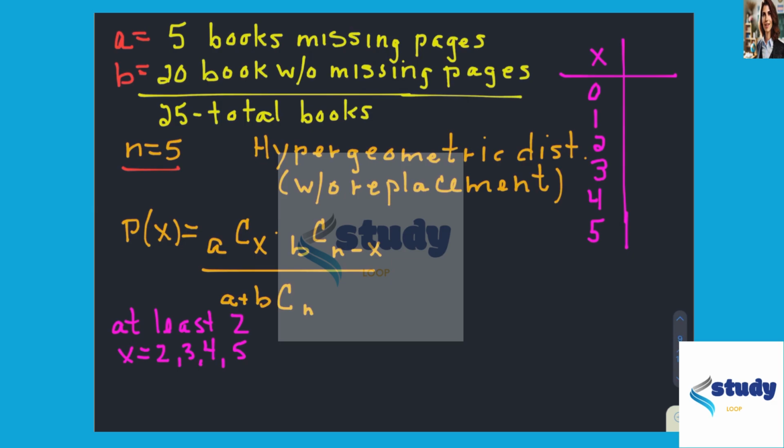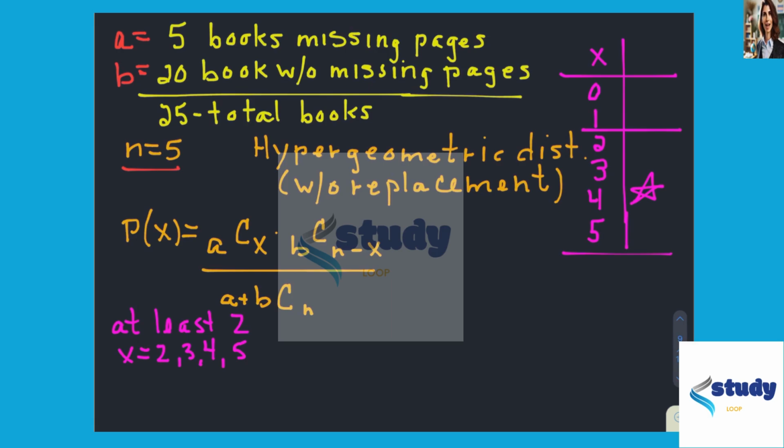So these are the X values that we would put into this formula. Now keep in mind, we are only interested in the probabilities of the 2, the 3, the 4, and the 5. So we are interested in the sum of these probabilities from 2 to 5.